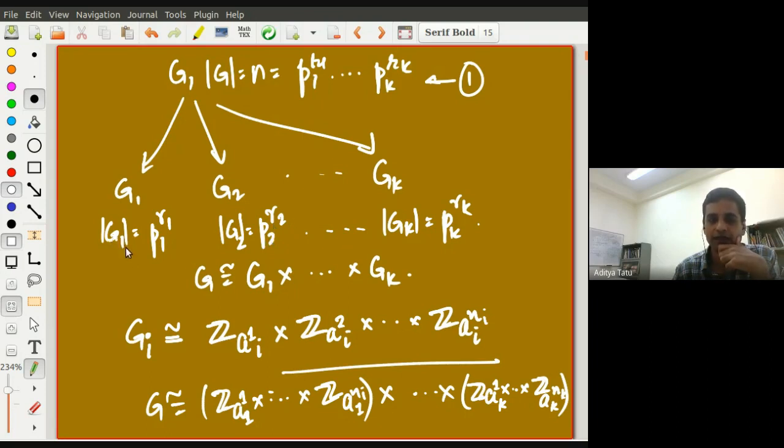The first group will have p1^r1 elements, the second group will have p2^r2 elements, and so on. The kth group will have pk^rk. Now, all of these groups are finite abelian groups, but they themselves may not be cyclic.